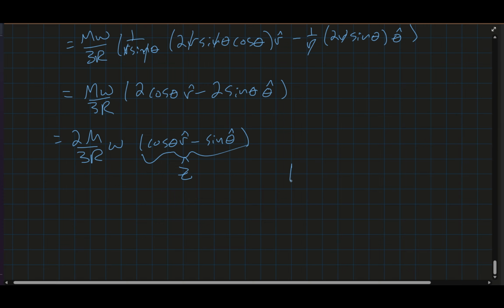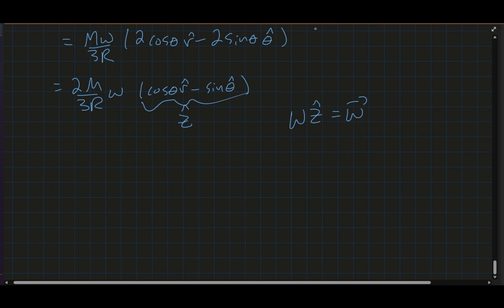And also we can think about the fact that omega times z hat is just omega in our current coordinate system. So let's rewrite this again for the magnetic field, which is exactly what the problem had asked us to show.